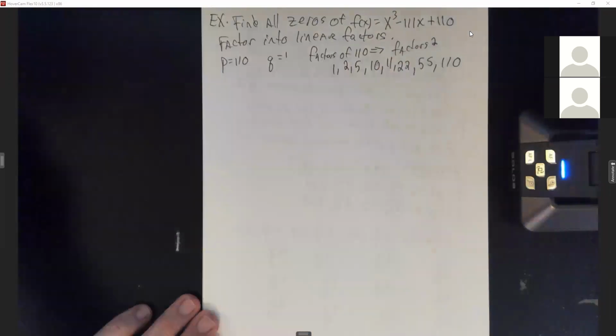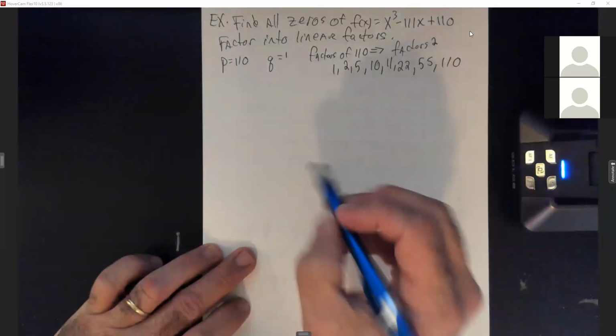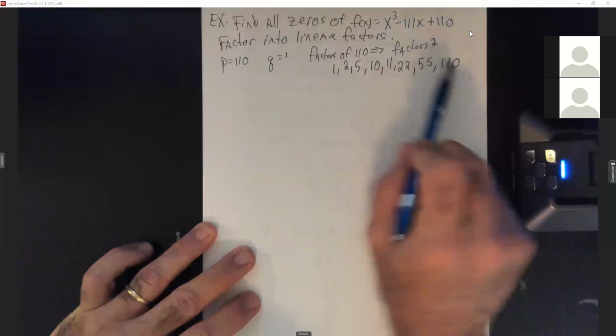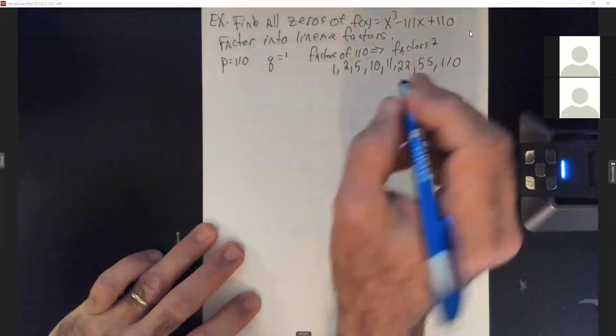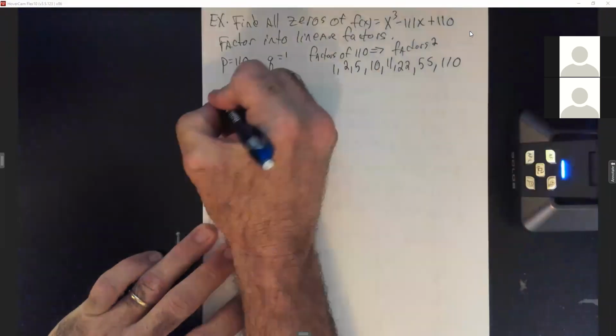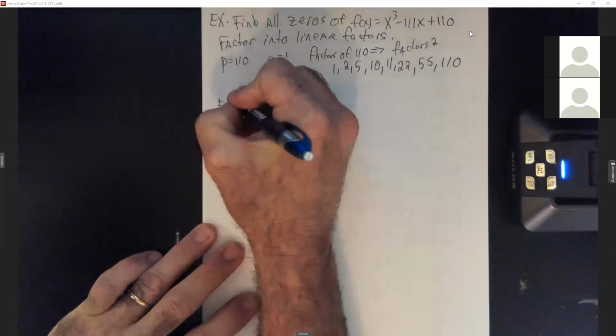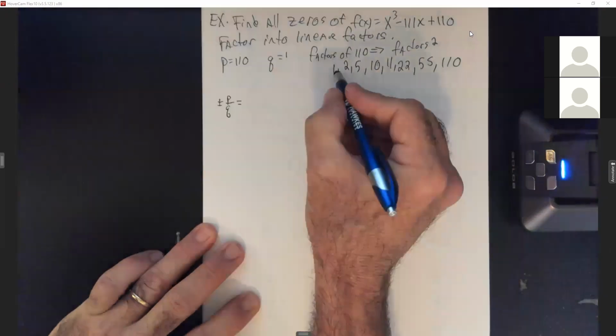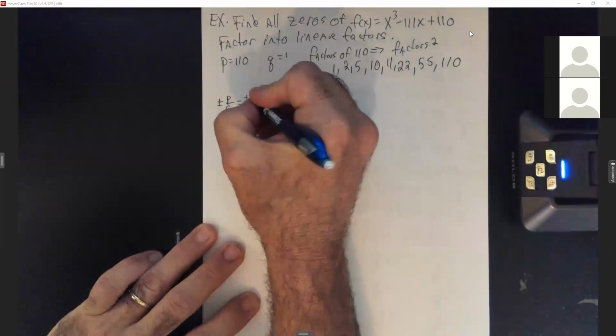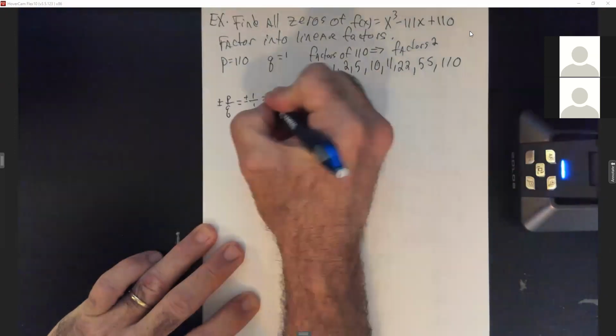Alrighty, which means my P's and Q's can be all of these factors divided by the Q. So my possible factors can equal plus or minus 1 over 1, which is just a plus or minus 1.